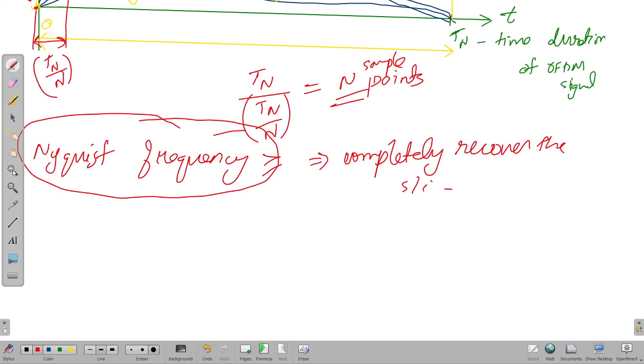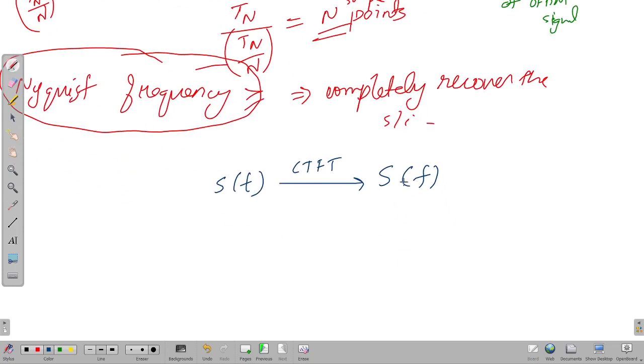Basically, you know that if I take a signal in the time domain and do a continuous time Fourier transform, I get the equivalent frequency domain signal. And if I want to sample the signal in frequency, what we used to do is a DFT. I sample the signal in frequency and have some sample values, which in this case are the Si, the modulated symbols.